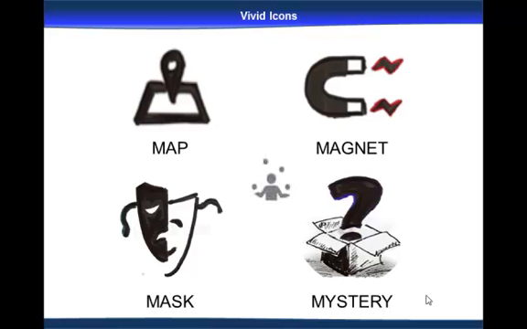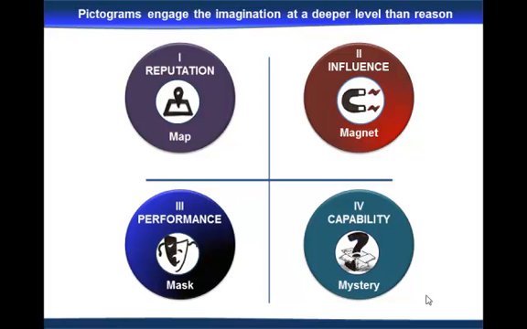Now, the task of the performer or the presenter is to manage these 4 or 5 variables. And if we now put these performance variables back into our model using a map with pictograms, we can engage the imagination at a very deep level, much deeper than the level of reason.